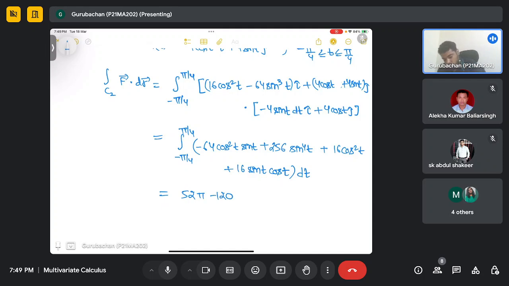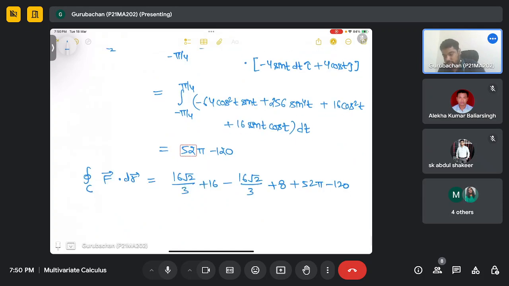So the overall closed line integral is first 16 root 2 divided by 3 plus 16, another one is minus 16 root 2 divided by 3 plus 8, and this one is 52 pi minus 120.